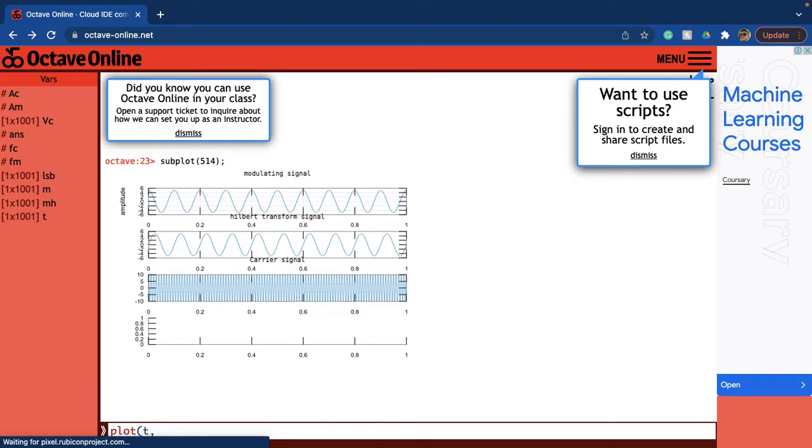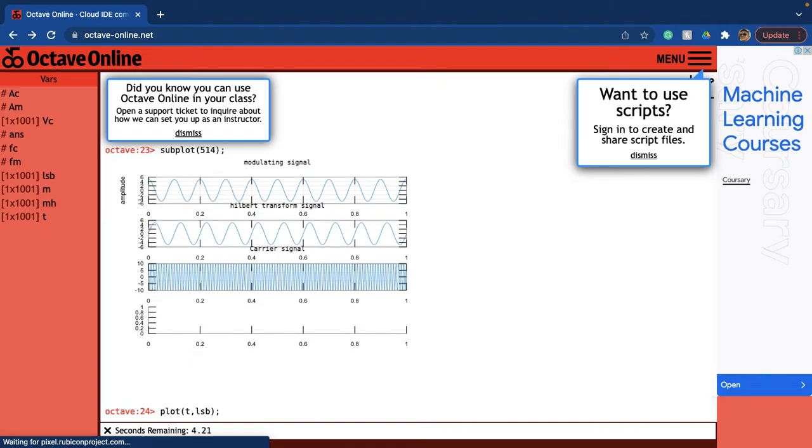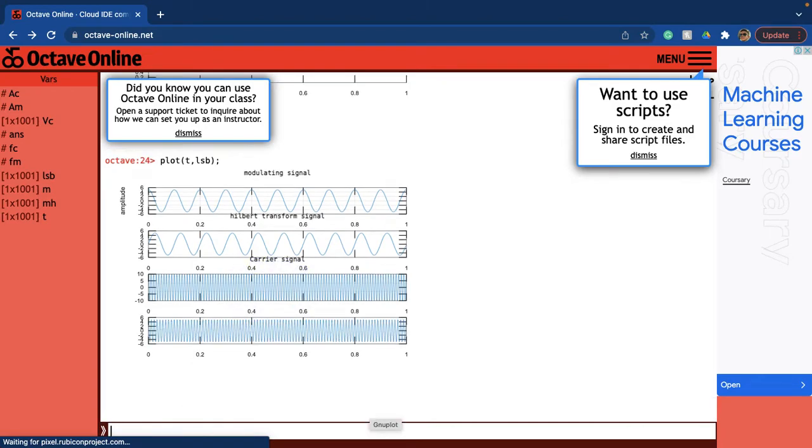Next is my carrier and the lower sideband. I have used small letters only, so it's plot. Title.